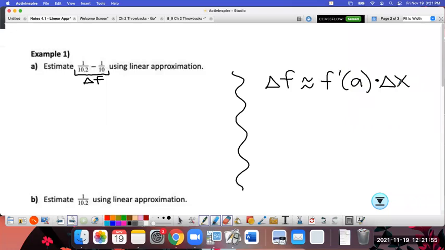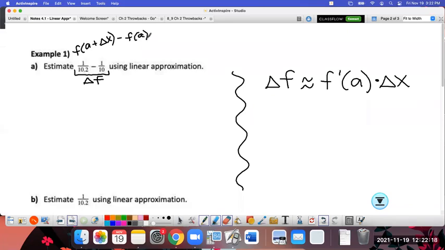So remember, I'm looking to approximate the change in these values, which means that this is basically the output of those two different inputs.